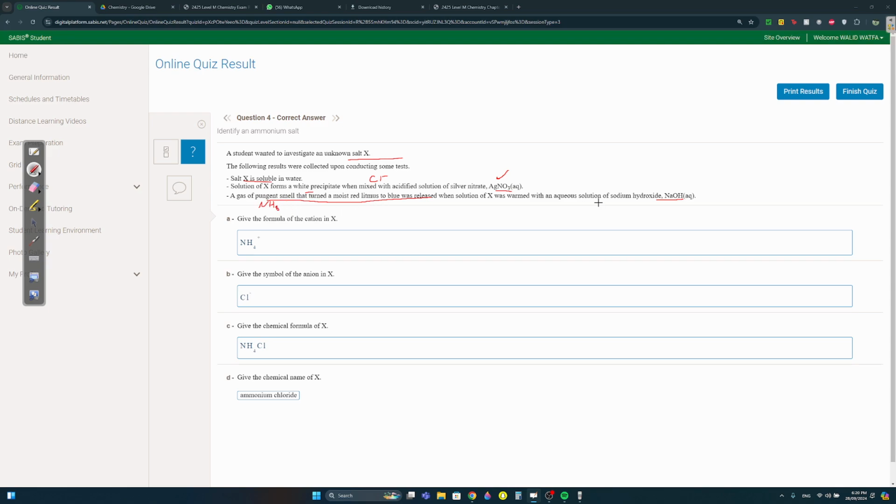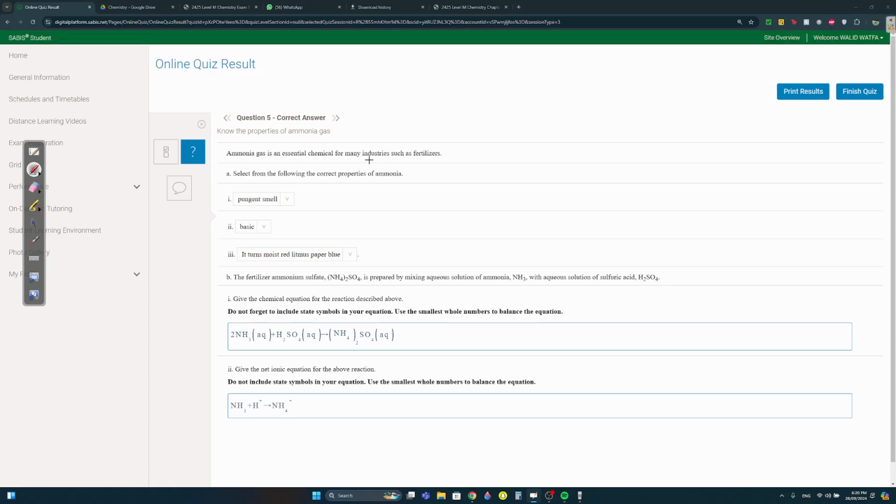We know that ammonia is formed when you mix something with NaOH, and that thing is NH4. So NH4 and Cl. What's the cation, the positive ion? It's NH4+. What's the anion? Cl-. What's the chemical formula? Just add them together, NH4Cl, and this is called ammonium chloride.